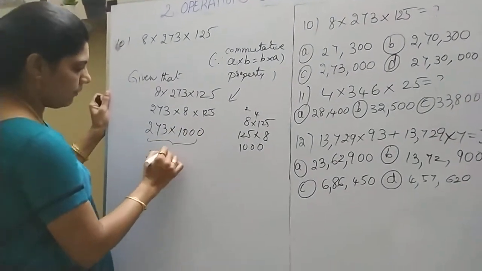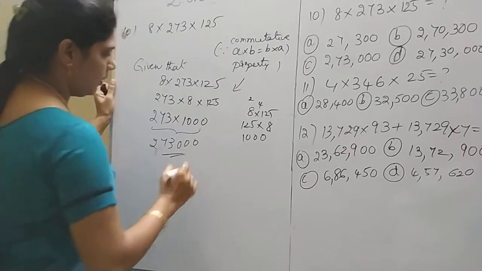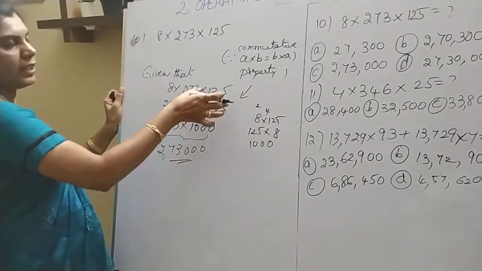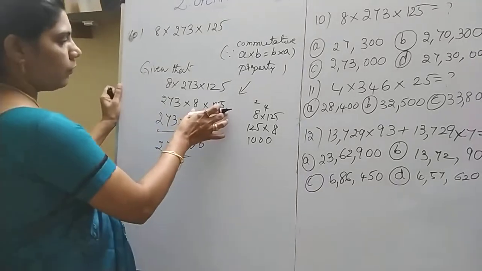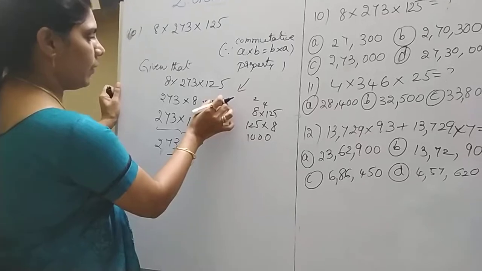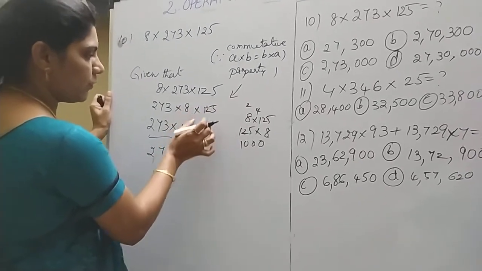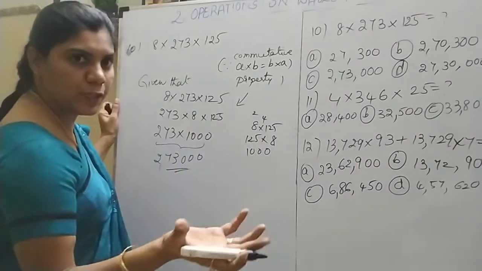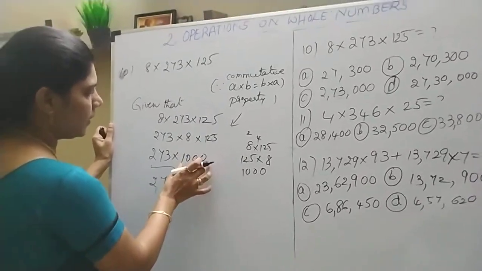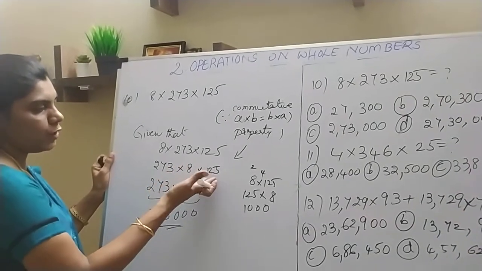Now see. Simple. 273, one time. Remaining zeros. So no need to do all these big numbers calculation. If you find any multiples of 5s or any multiples of 10, if you convert into multiples of 10 or multiples of 5, your calculation will be easier. Here I am converting this one into multiples of 10. That means 125 into 8.